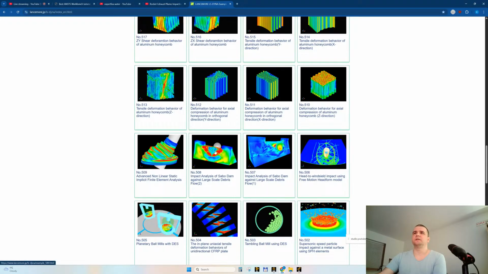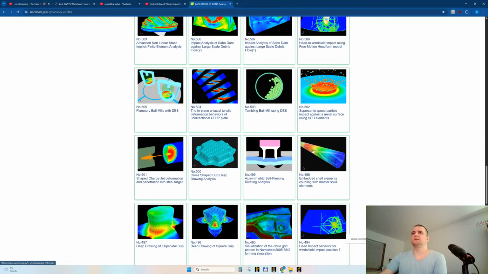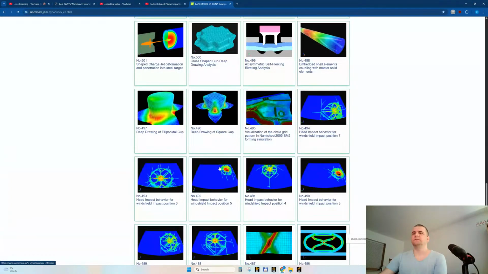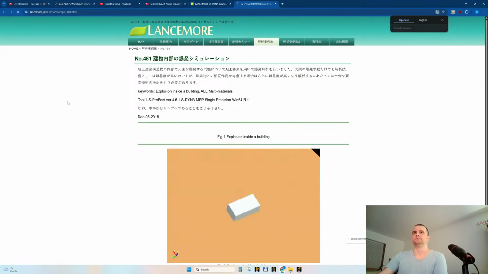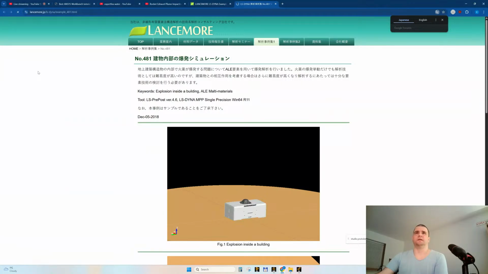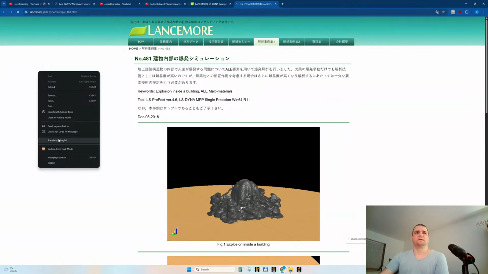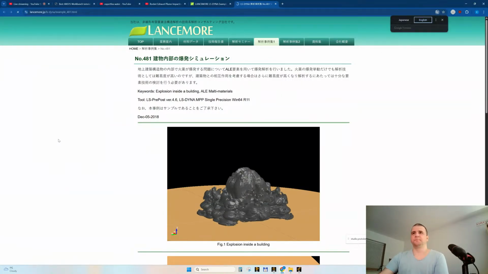I don't know if they give the files. I don't think they give the files. Let's see if they give the files. No, they don't give the files, of course. Right click, translate to English.